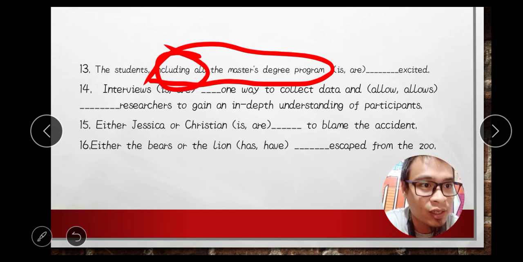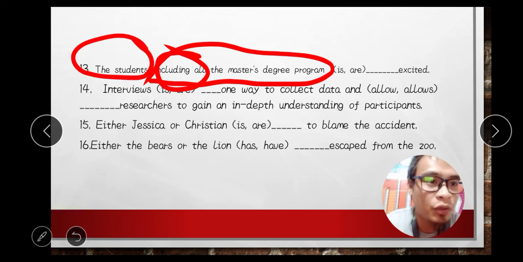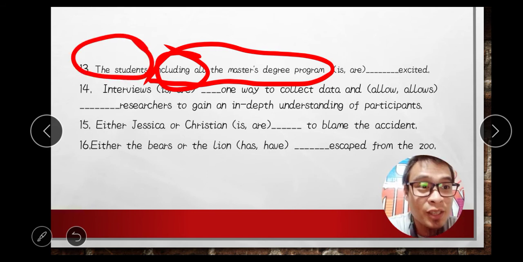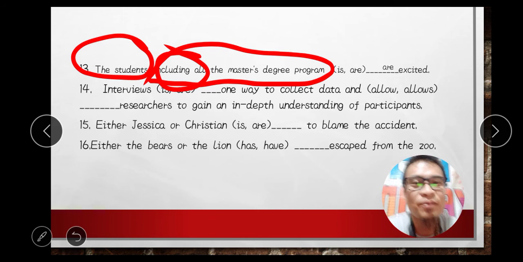Together with, as well as, it's the same thing. So this is not the real subject of the sentence. The real subject of the sentence is the students, plural. So therefore, plural subject needs plural verb. Are, letter C? Yes. Okay.